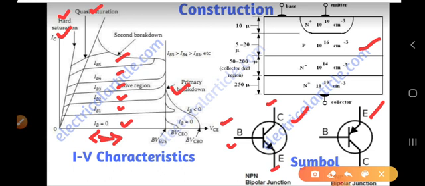Now the active region. When you apply a small collector emitter voltage and start giving a small amount of base current, it starts with some value you can choose. Here I have shown IB equal to 0, there is no current.